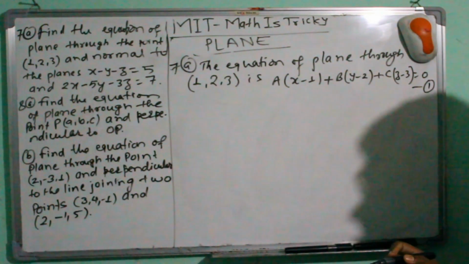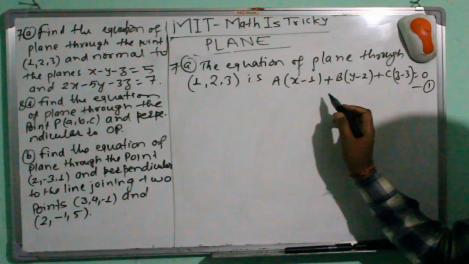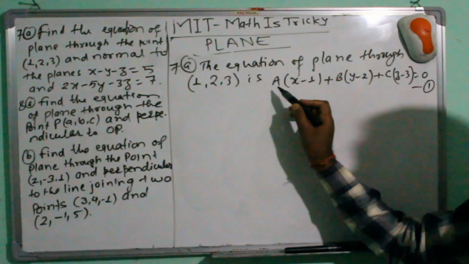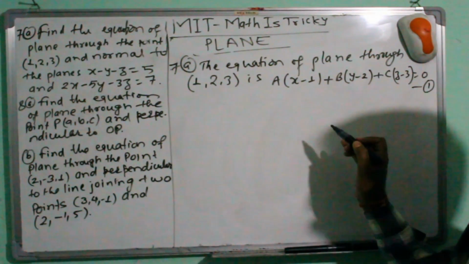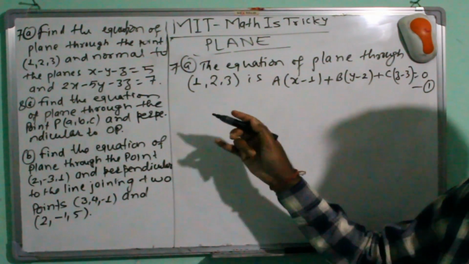This is equation 1. This is the equation we have to find. For that we need the values of a, b and c. For that we are given 2 more conditions.